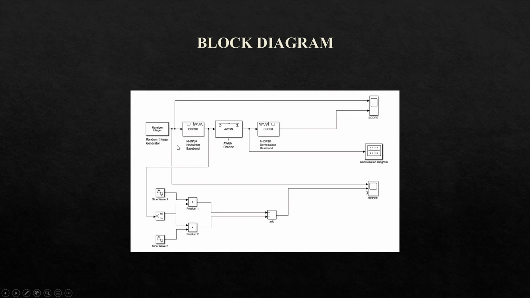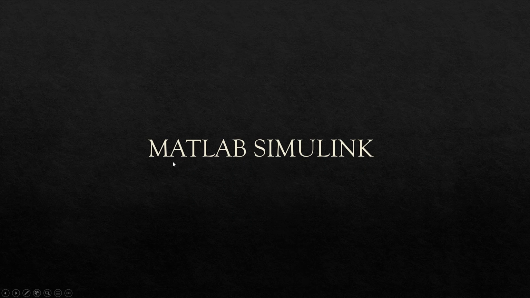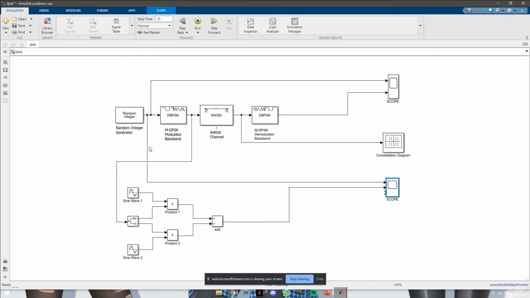So the block diagram in the lab: random integer, DPSK modulator, AWGN, DPSK demodulator, scope, constellation diagram, sine wave 1, complex to real imaginary, sine wave 2, product 1, product 2, adding to scope. Then we move to the MATLAB Simulink. Okay, this is the DPSK Simulink block diagram.